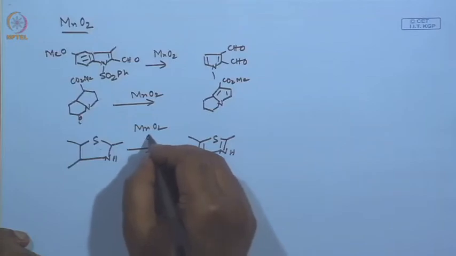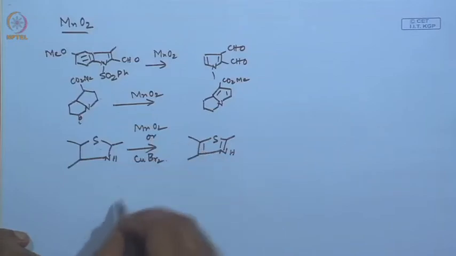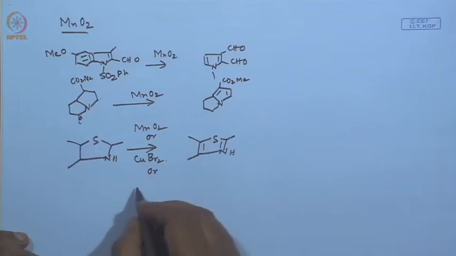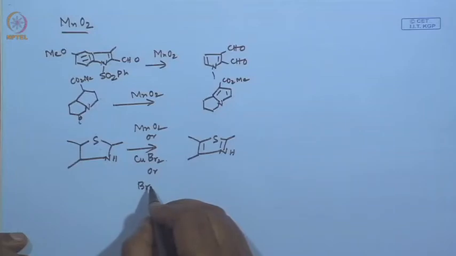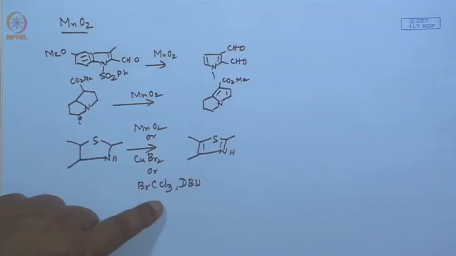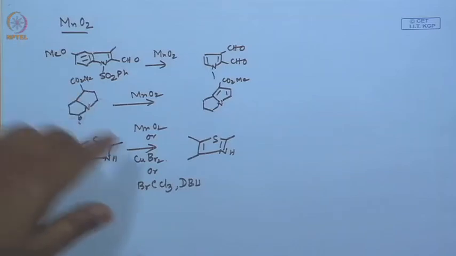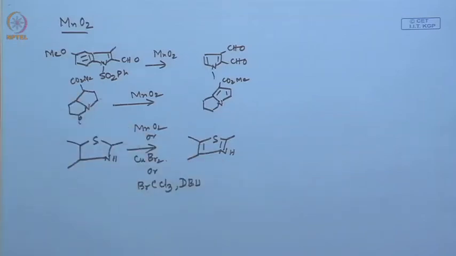Alternatively, often cupric bromide is used, or bromo-trichloromethane and DBU. Bromo-trichloromethane is a nice brominating agent. It brominates alpha positions, then dehydrogenation takes place, and eventually the aromatization is done.